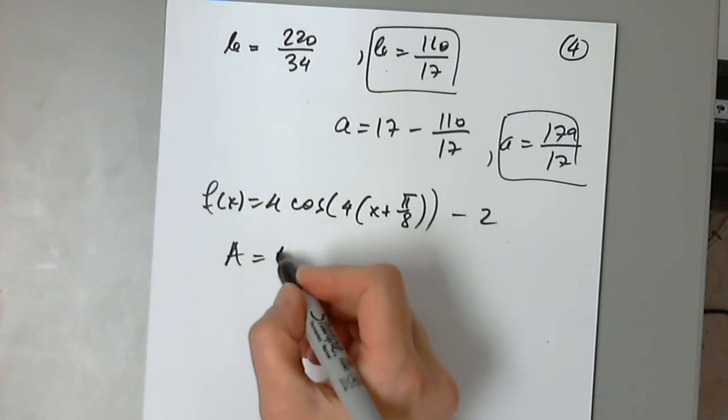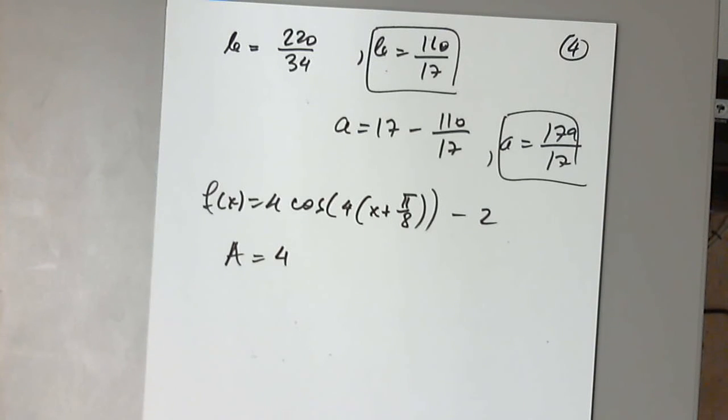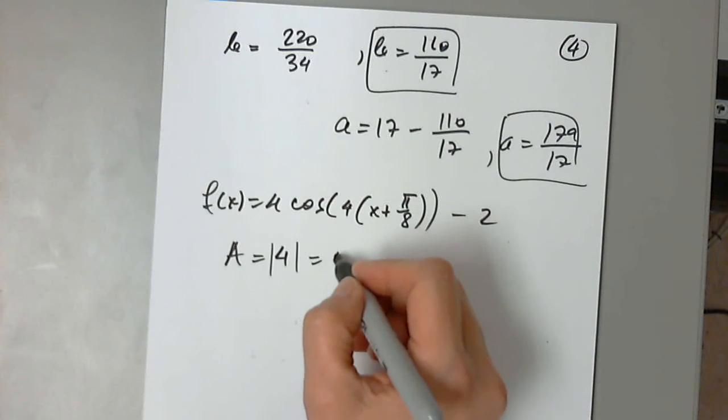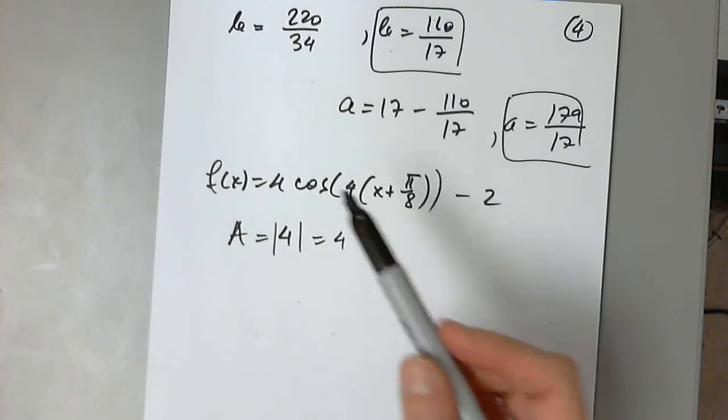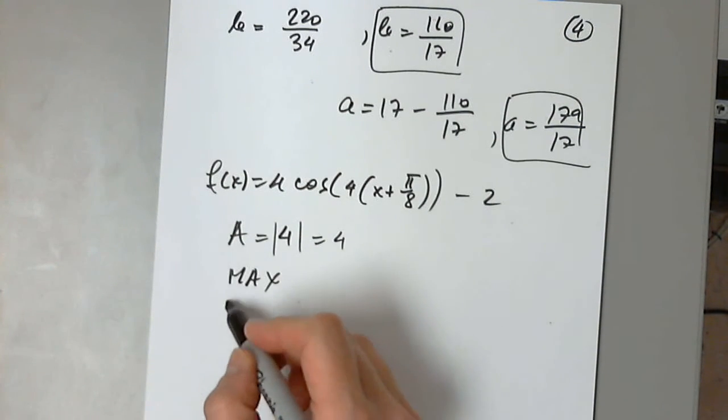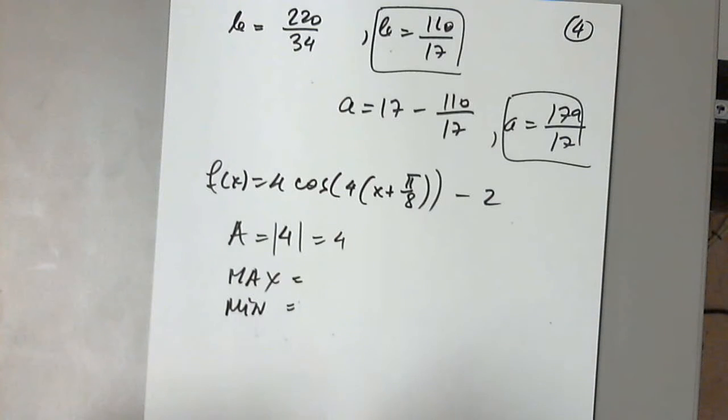So the amplitude is 4. I should write normally this, to be exact. Then let's determine the maximum and the minimum. Thank you for shutting that door. Imran. Okay, so what is the maximum and the minimum possible for cosine? For cosine, minimum is -1 and maximum is 1.